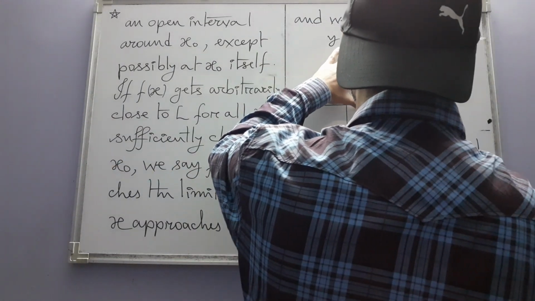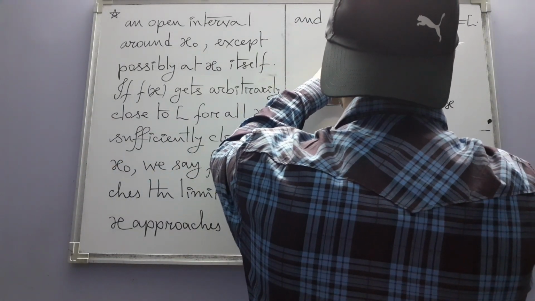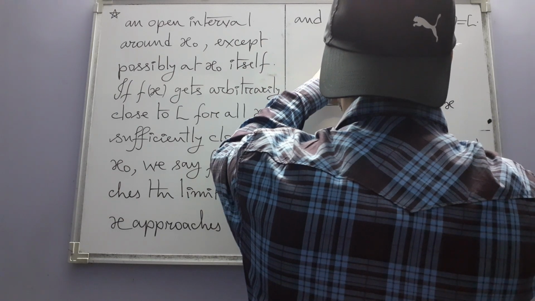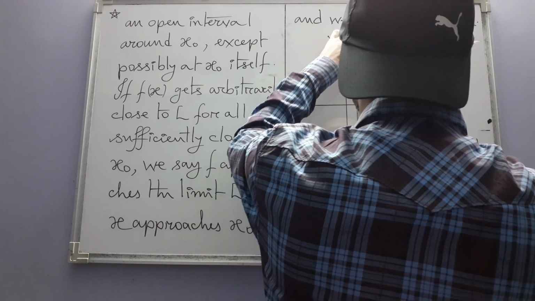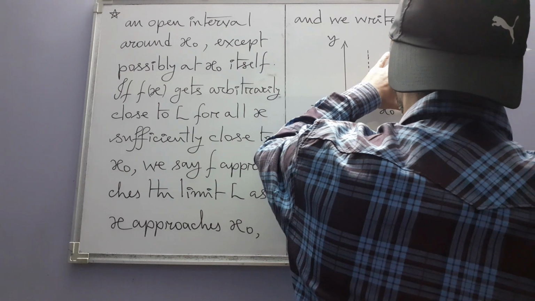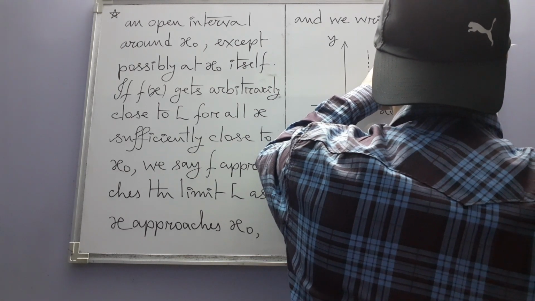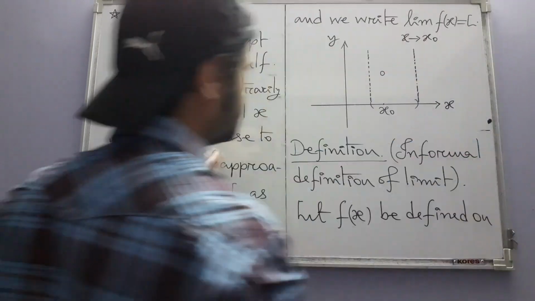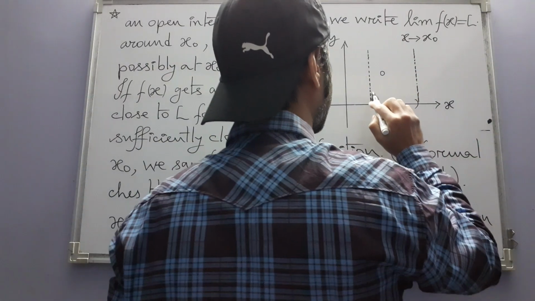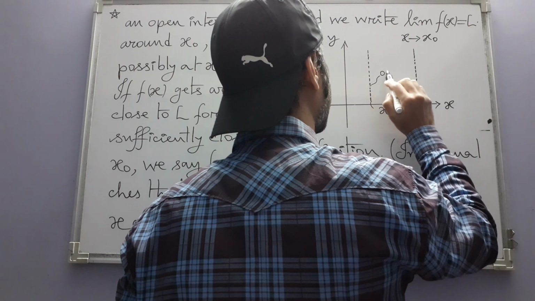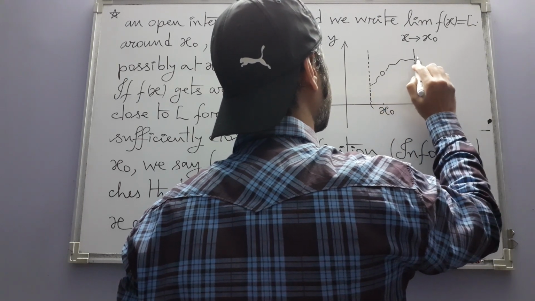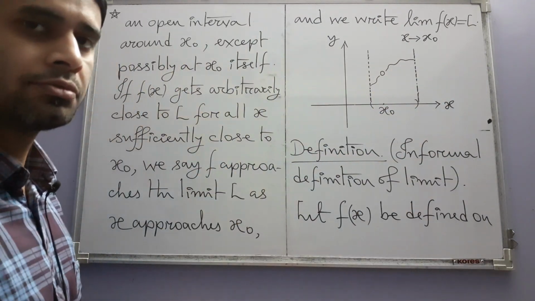Now the graph, we don't really know how it will look because f is general, but it will be some curve or something at least. Say it's going like this, and say this is the graph.